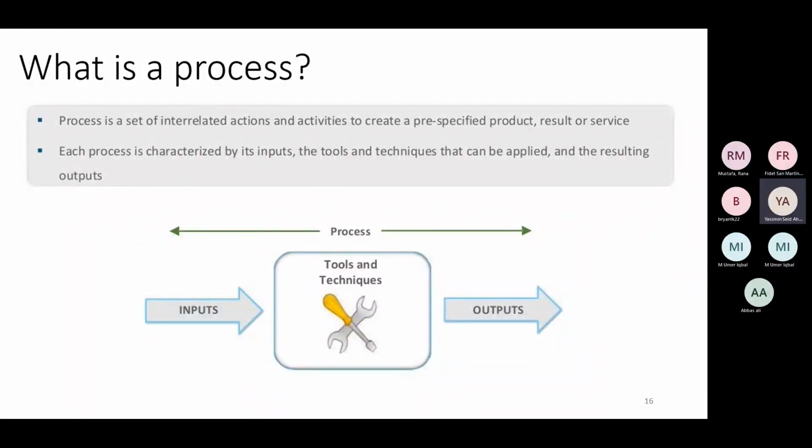Whenever we work on any process, there is always a predefined objective that we try to achieve, right? So if it is a requirement gathering process, there is a predefined objective: by the end of this process, I should be able to produce a requirement specification document, which will then be analyzed in order to create a design of the product which I am working on. So there is always some predefined objective.